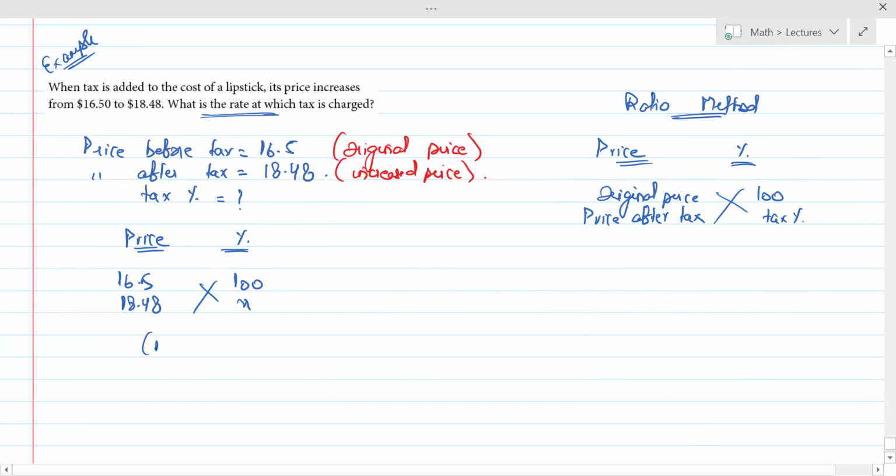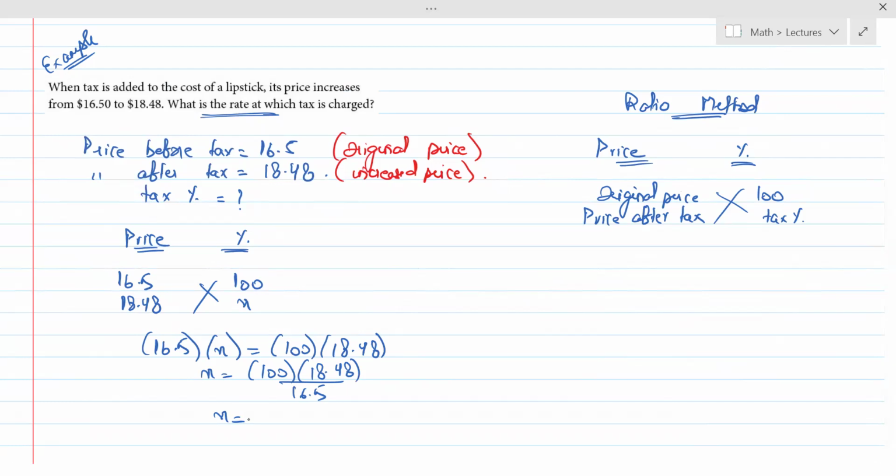The equation would be 16.5 into x equals 100 into 18.48, and x would be equal to 100 into 18.48 upon 16.5. We are getting this as 100 into 18.48 divided by 16.5, 112.